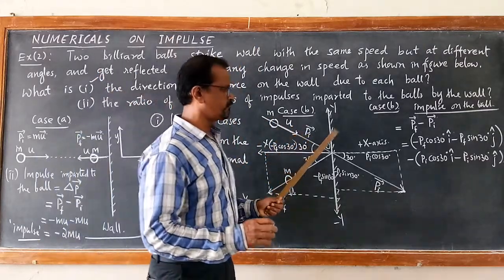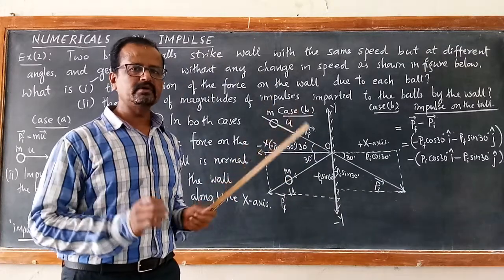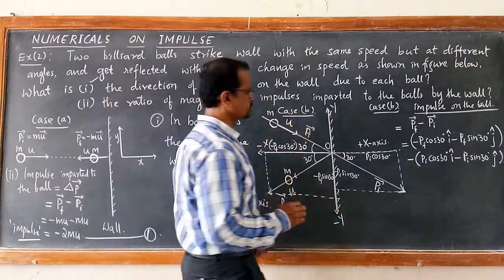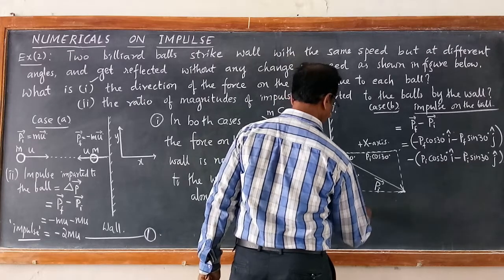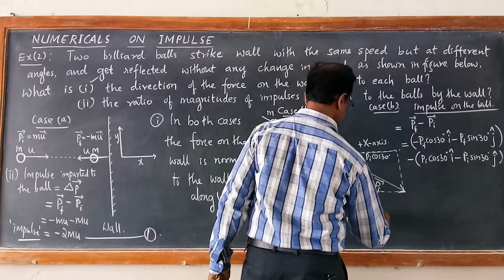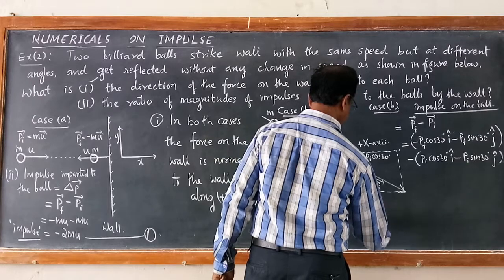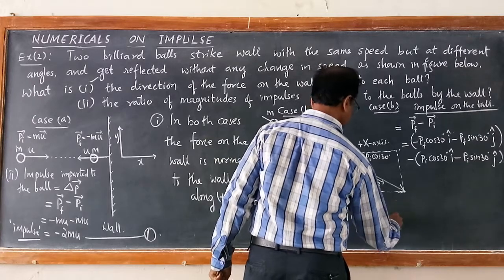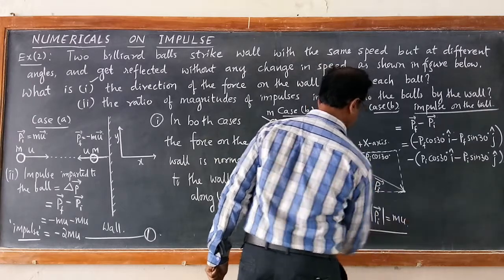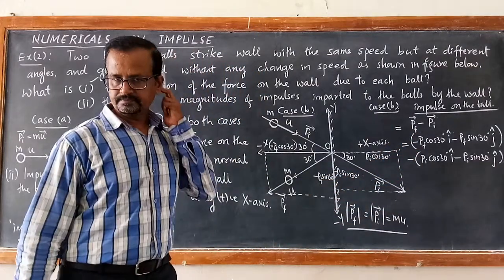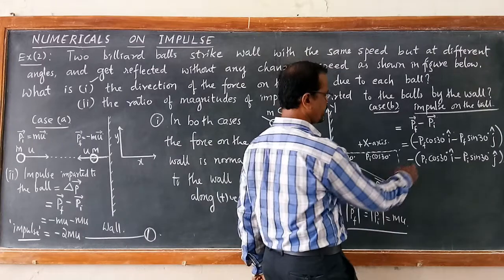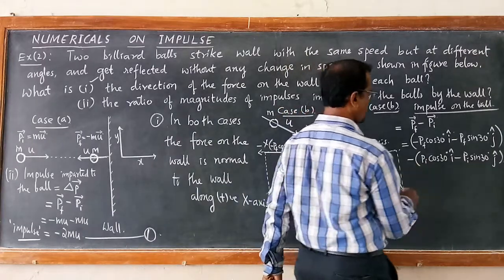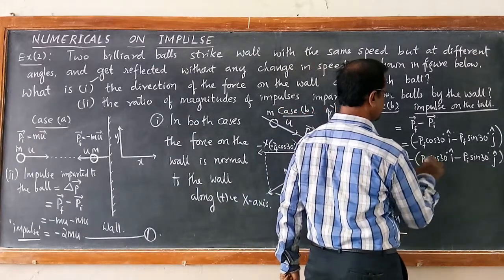So the magnitude of Pf vector and the magnitude of Pi vector are the same. Here it is given Pf magnitude is equal to Pi magnitude, which is equal to mu. So wherever Pf is there, substitute mu, and wherever Pi is there, substitute mu, or just take it as the same.